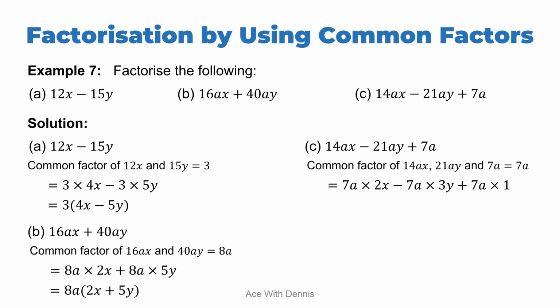So we can rewrite the expression as 7a times 2x minus 7a times 3y plus 7a times 1. Factorize, and take note that the constant term we can treat as times 1. So factorizing, we get 7a bracket 2x minus 3y plus 1. Alright, so don't forget to have a plus 1 behind for the constant term.